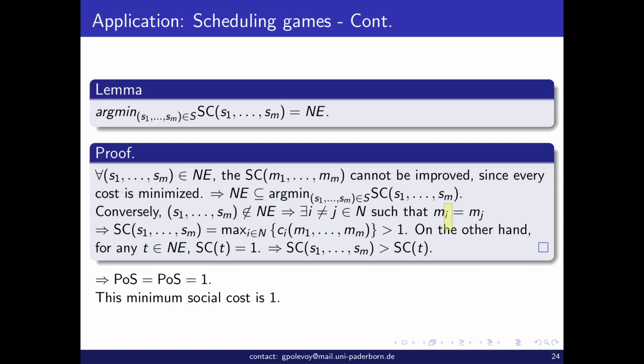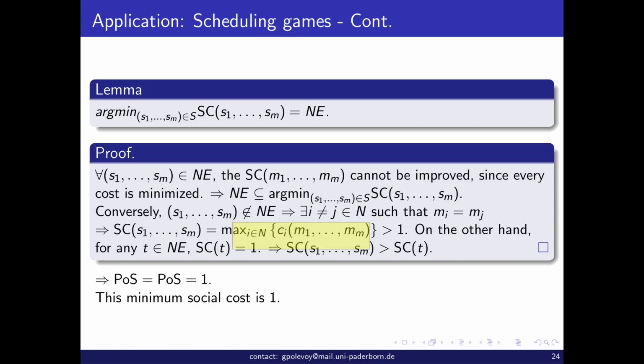Now, it means that the social cost, which I remind you is the maximum cost, is strictly larger than 1, because i and j both are not alone, so they have to incur costs which are at least 2. Now, on the other hand, every profile which is in Nash equilibrium has social cost, so the maximum of the cost, equal to 1.